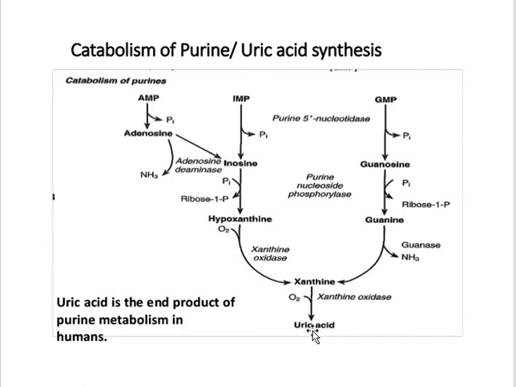So in this way the purine nucleotides are degraded into uric acid, which is the end product of their catabolism, and this is excreted out of the body through the urine.